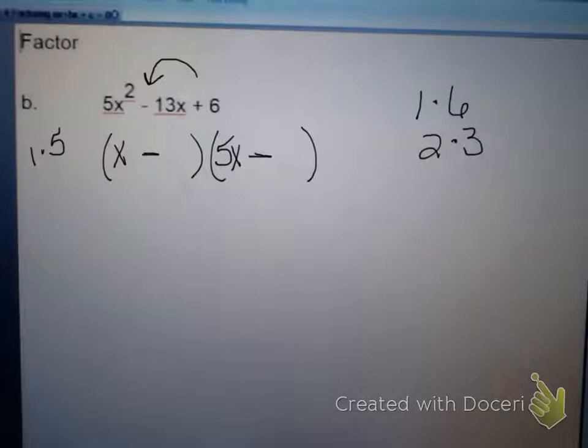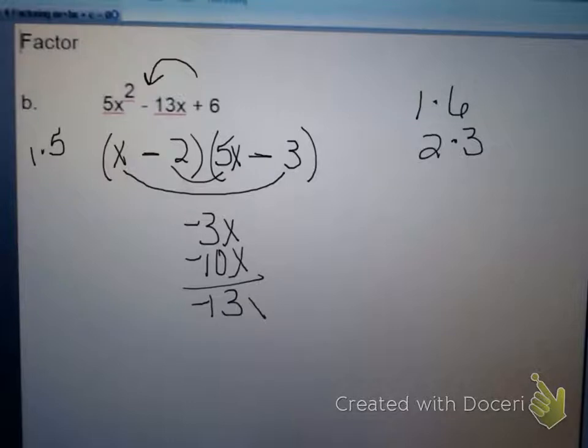You always want to list your factors numerically and start at the bottom and work your way up, because very rarely is it the number 1 and the number itself. So I'm going to try the 2 and the 3 first. I am guessing. I'm going to put the 2 here and the 3 here. You have to check. So that's a negative 3x, and a negative 10x is a negative 13x. I got it right the first time around, so that is my answer. I am done.